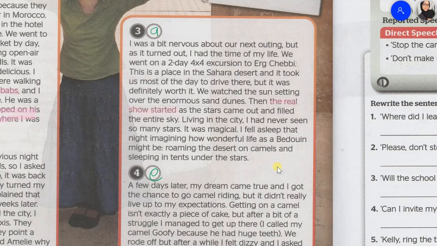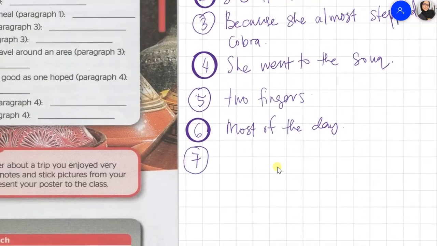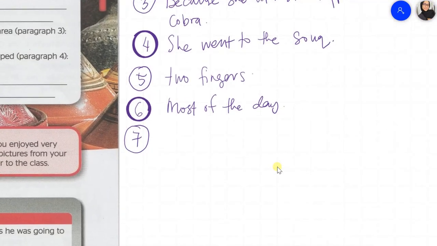As the stars came out and filled the entire sky. Living in a city I have never seen so many stars. It was magical. I fell asleep that night, imagining how wonderful life as a Bedouin might be. So she was impressed the most with the stars in the sky.